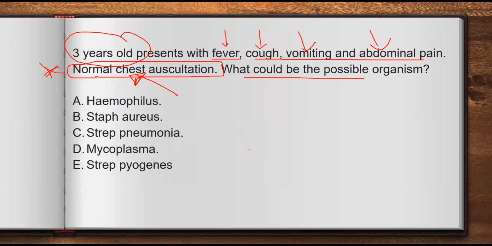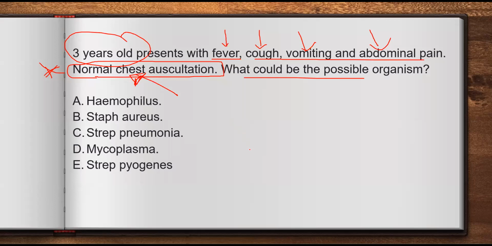In atypical pneumonia, there will be features of pneumonia, but the chest examination will be normal or very minimal. But if it was bacterial pneumonia, in the chest examination you would get reduced breath sound at least.